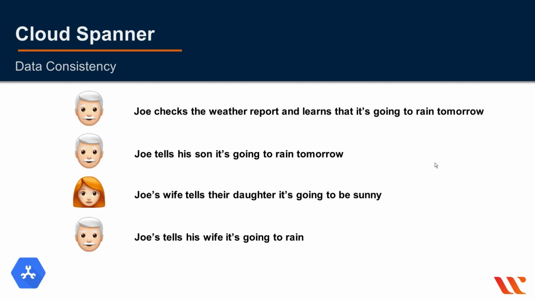So initially, we did have two separate sources, Joe and Joe's son, with the correct information. However, before that information was propagated to Joe's wife, she had given the wrong information to their daughter. Now later on, Joe's wife did get updated with the correct information, but Joe's daughter has now gone off with the wrong information and does not have the correct weather report.